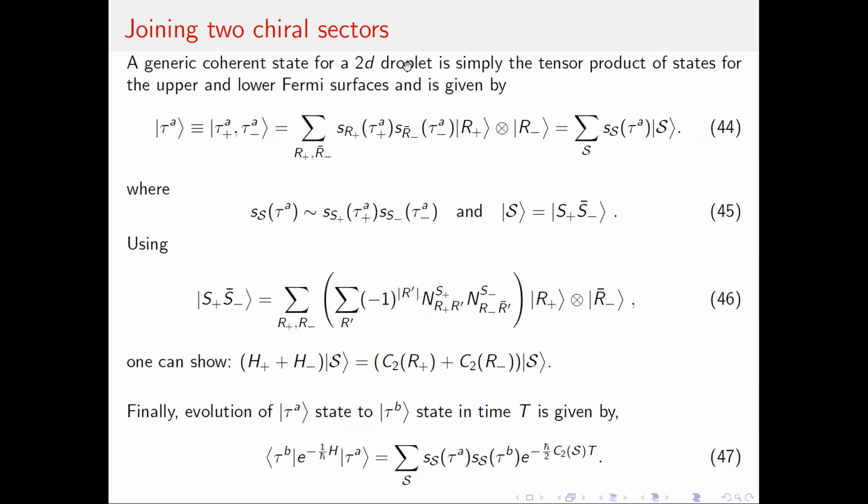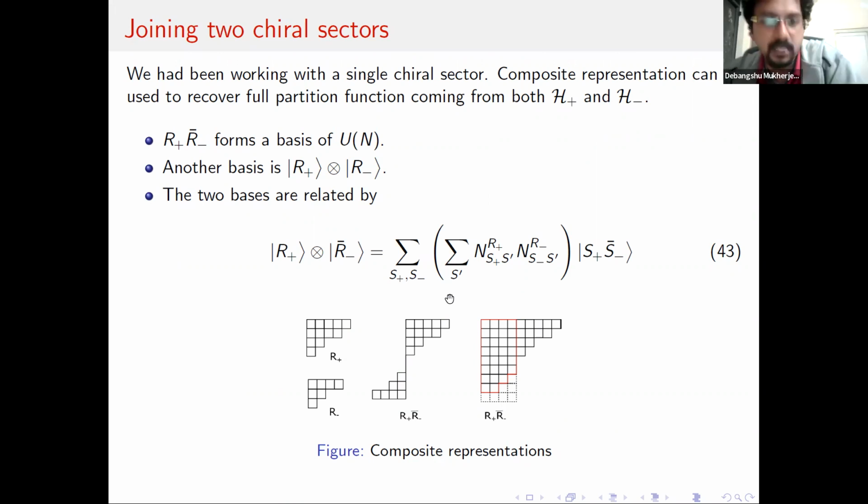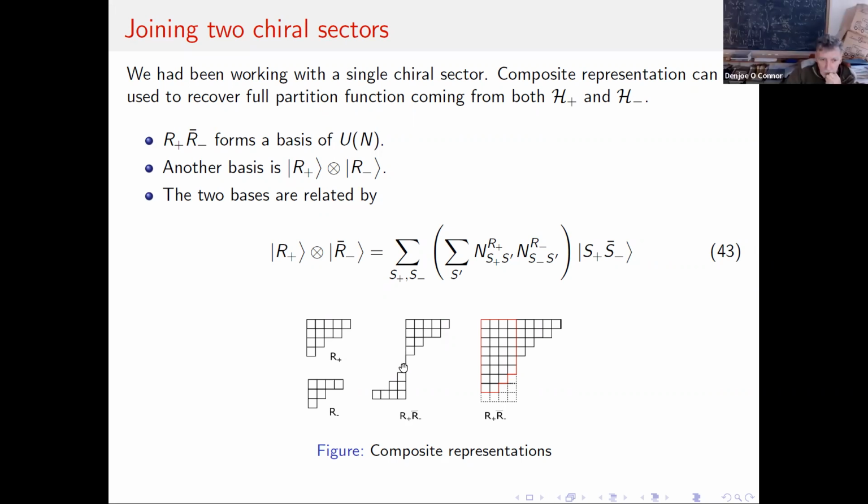For finite n, you can check it explicitly if you write all the representations. This thing will not work out, because if you look at the center diagram, the condition is that when you are drawing this, the number of boxes in the center row has to be less than or equal to n. And if you explicitly write, say, SUN representations for some small n, then this condition will not hold.